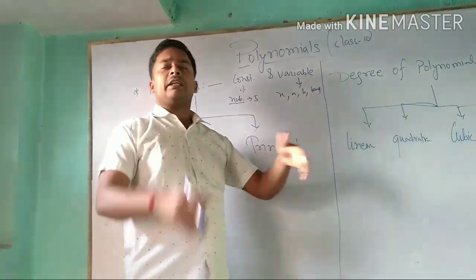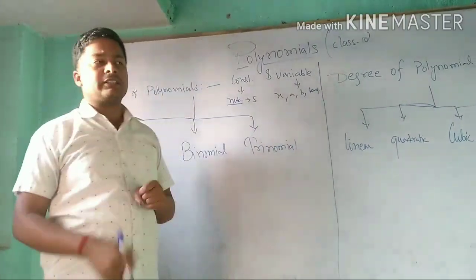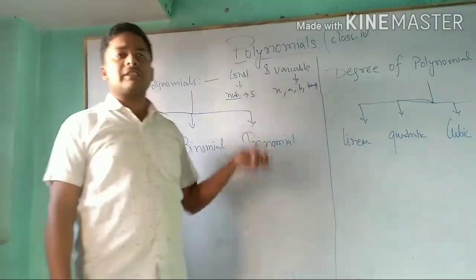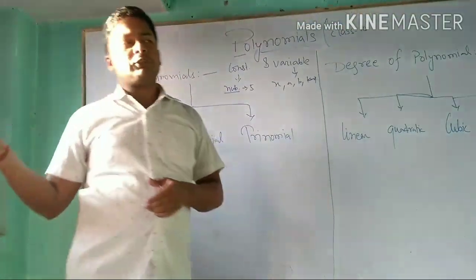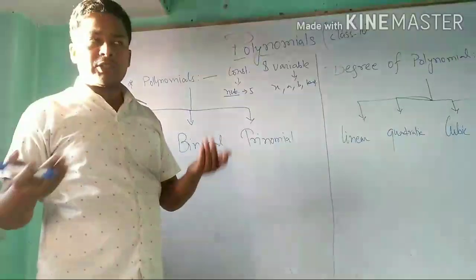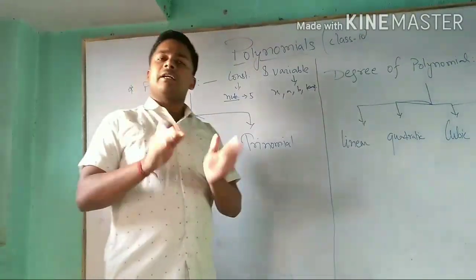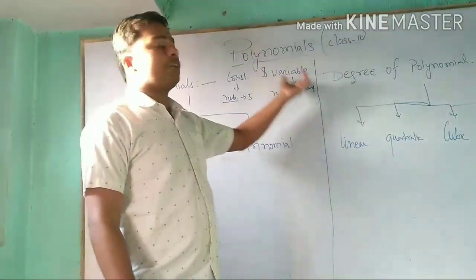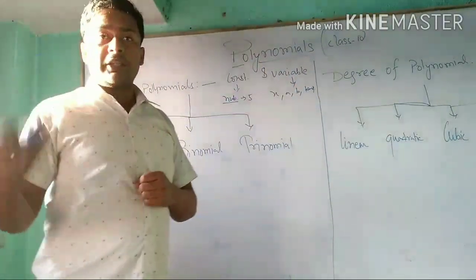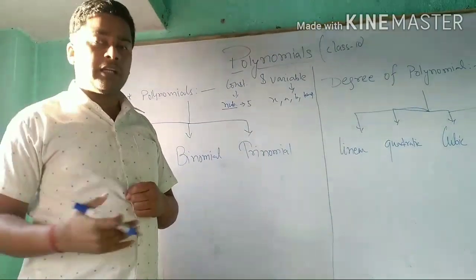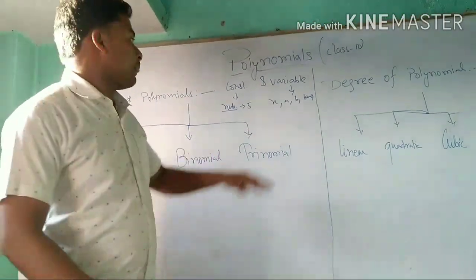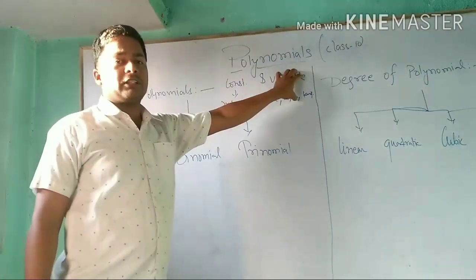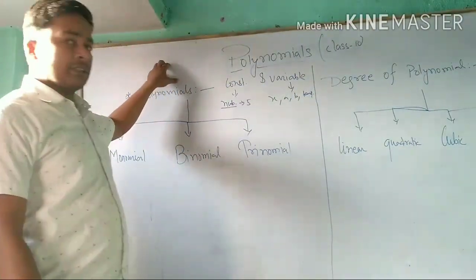Suppose the temperature in this room is 30 degrees Celsius, whereas in that room, if the AC is on, it is just 17 degrees, and if we go outside it is approximately 40 degrees Celsius. It means temperature is not constant, it keeps on changing. As the name suggests, a variable is a thing which can be varied. The combination of constant terms and variable terms is known as a polynomial.